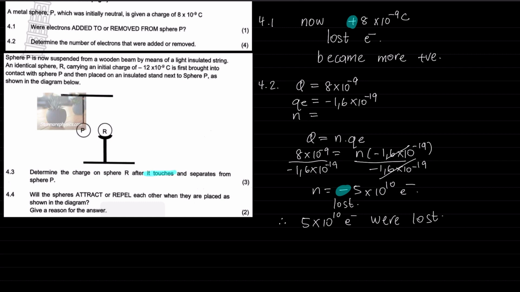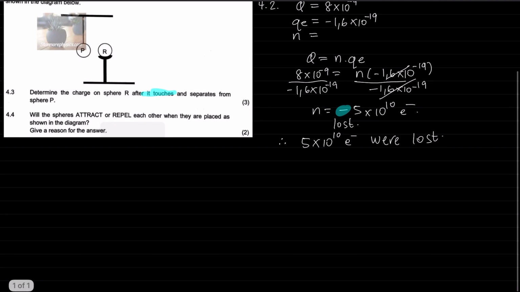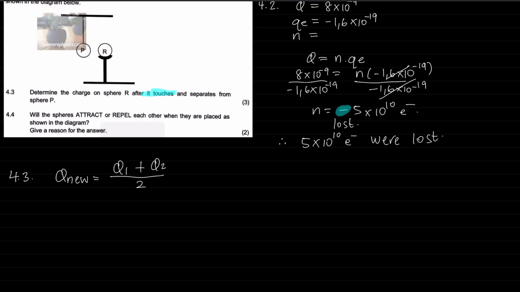So the clue here is after it touches. That gives us a clue as to the formula that we need to use. During contact, the formula we use is Q new is equal to Q1 plus Q2 divided by 2.